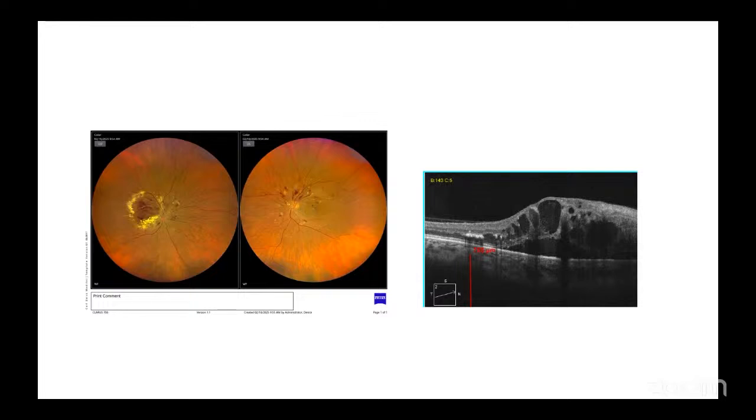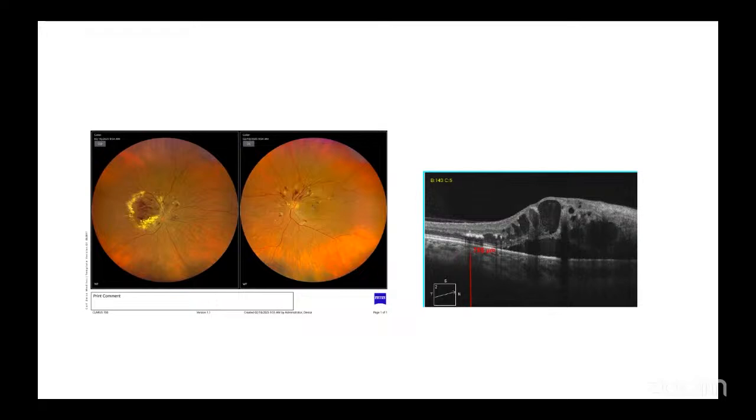Then starting to examine his visual acuity, anterior segment, searching for any signs of neovascularization or atrophy. Then I should examine the fundus briefly and examine the other eye.